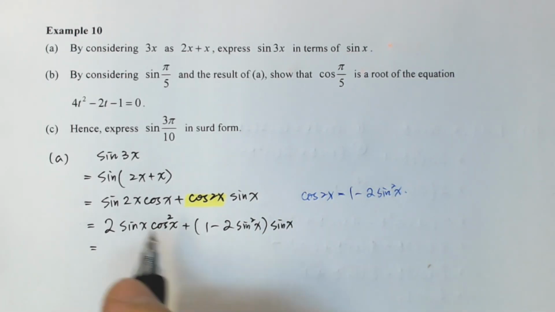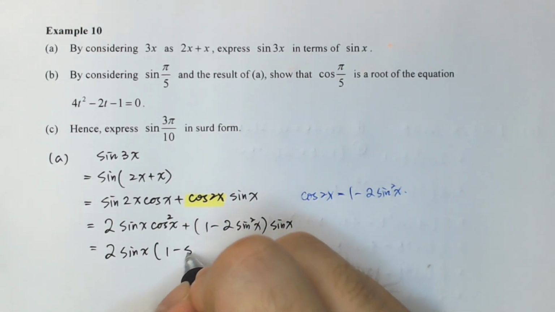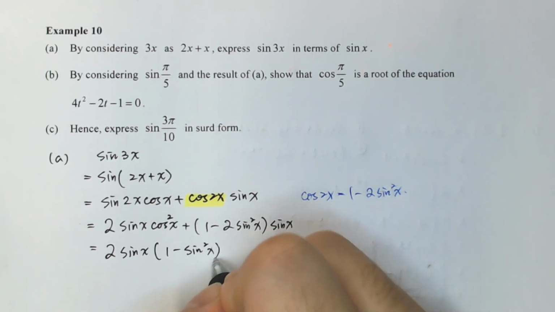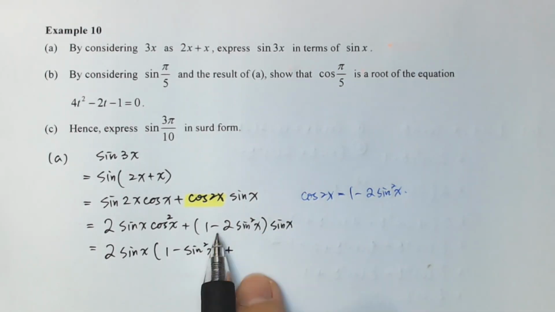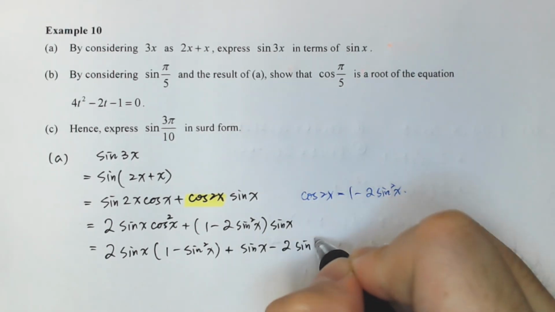And for cosine squared x, we can use the identity to rewrite it as 1 minus sine squared x. Removing the brackets, we have sine x minus 2 sine cubed x.